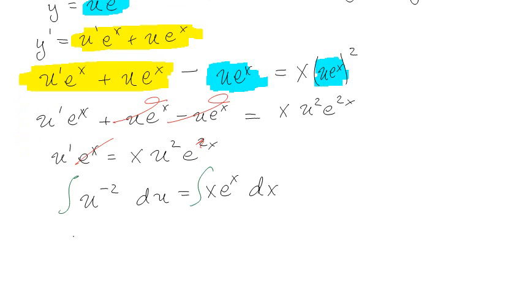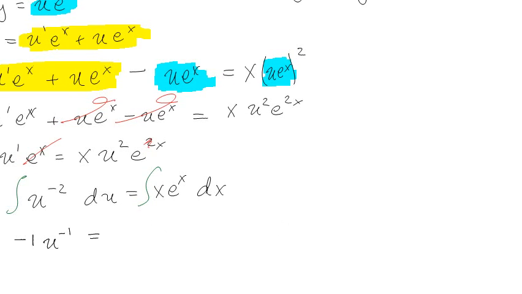On the left, I've got -1 times u to the -1 equals... oh, this is stupid. This is something I have to go do off to the side because I don't remember how to do this. So anyway, I got the left-hand side. On the right-hand side, this might be an integral that you recognize. In case it's not, I hate doing a u substitution because we've already got a u, so call this an aside.